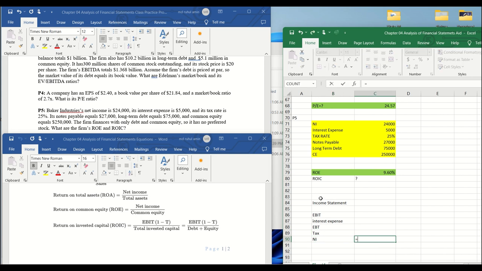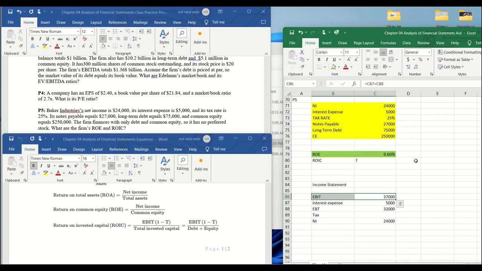So our NI is this. Then if the tax rate is 25%, it should be this divided by 1 minus tax rate. This should be our EBT. Then interest expense is $5,000. Then EBIT should be this 5,000 plus 32,000. So this is our EBIT.